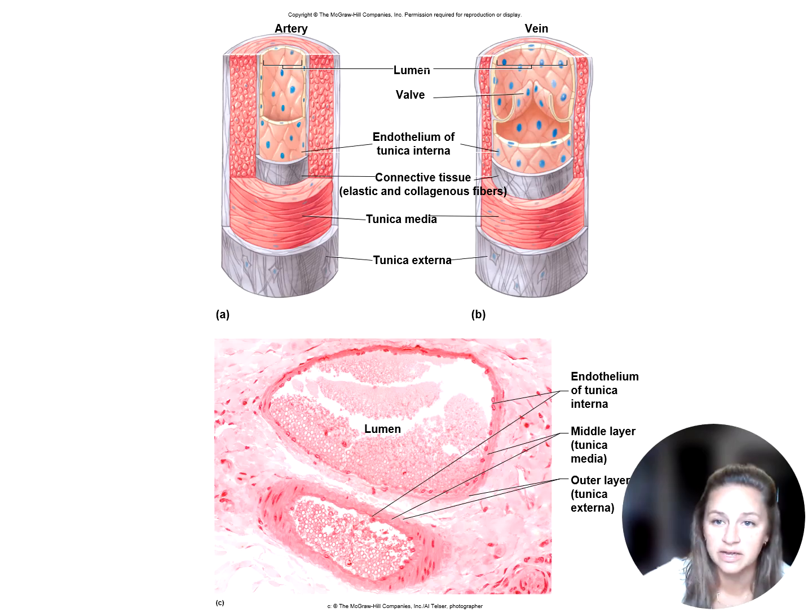So let's take a look at what they look like. So here we have a picture of an artery and a vein, and arteries and veins are made up of the same structures with one exception. Arteries, you can think of artery away. It takes oxygenated blood away from the heart.